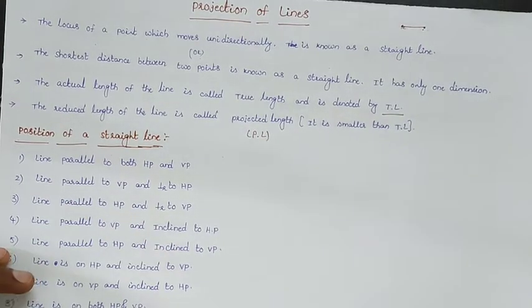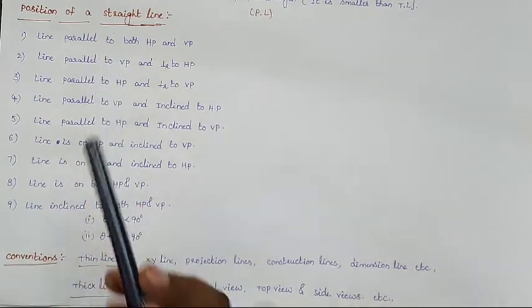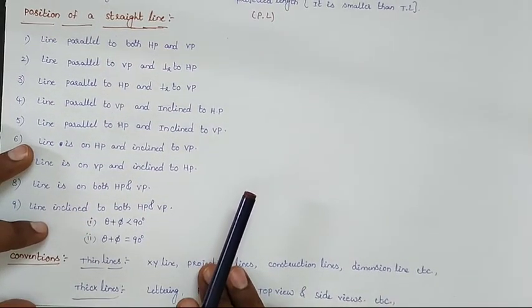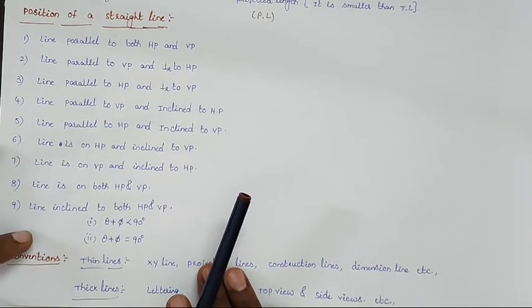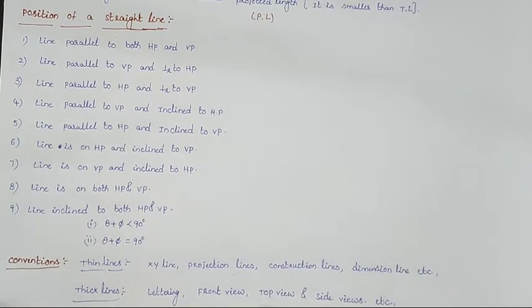Coming to the positions of a straight line, I am explaining one by one here. Positions of a straight line: line parallel to both HP and VP, line parallel to VP and perpendicular to HP. These positions are very, very important, because from the positions of the line they ask different problems.